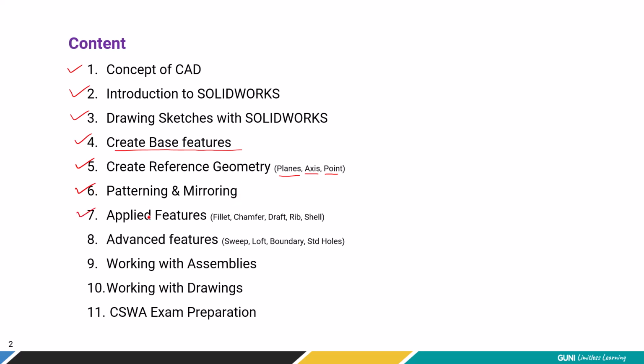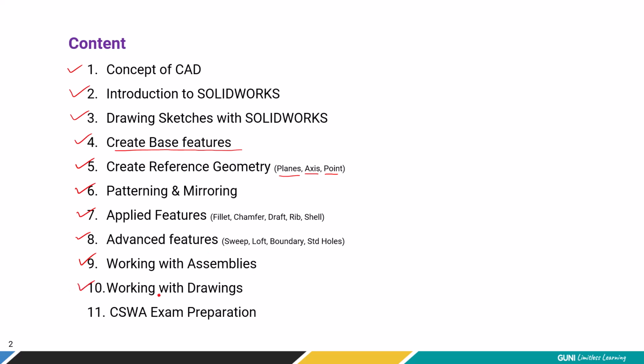In module 7, we'll use the applied features like fillet, chamfer, draft, rib and shell. In module 8, I'm going to discuss advanced features like sweep, loft, boundary and standard holes. In module 9, I will walk you through how to create assemblies by combining different parts.